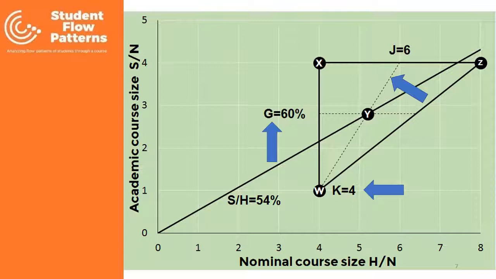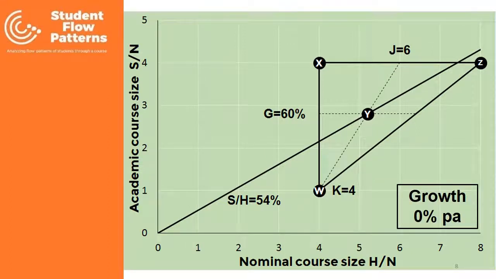The performance of the study course at Y can therefore also be improved by pushing the graduation rate line upward, by rotating the slanting line anti-clockwise, and by moving the bottom corner W of the flow triangle to the left.